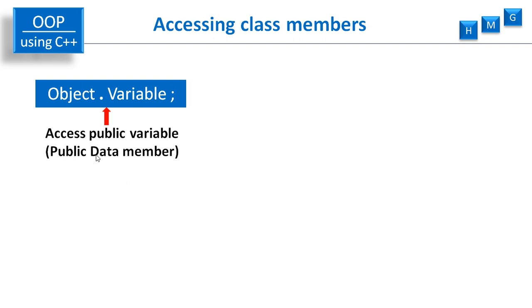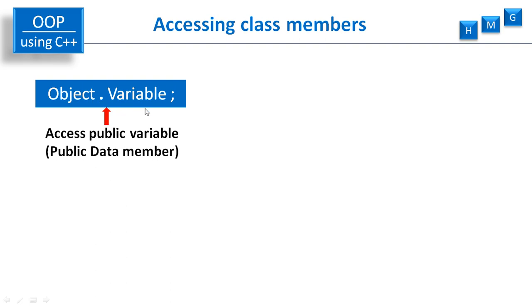If it is a public data member, then you can access it using object dot variable. Generally, this type of access is not recommended in object oriented programming. You should not have data members in the public section. The variables or data members are always declared in the private section only. But if they are declared in the public section, the object can access them like this, object dot variable.